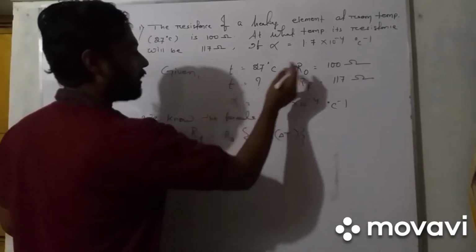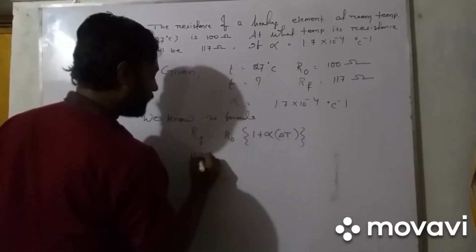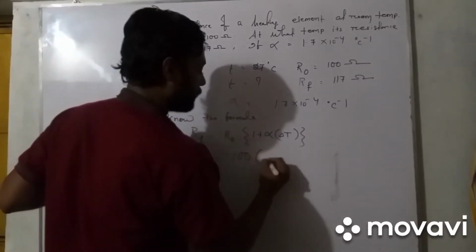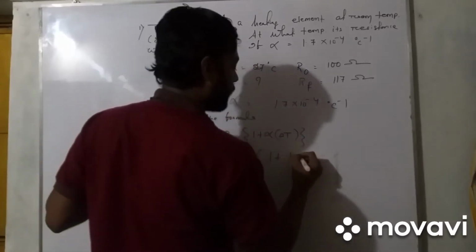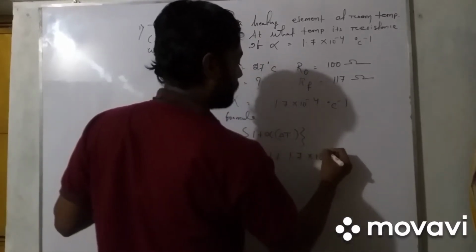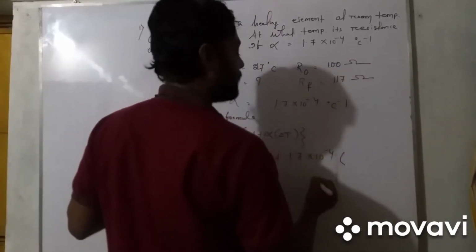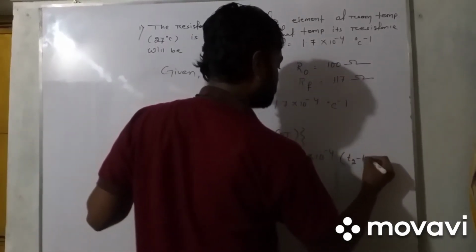Here RF equal to 117, R0 is 100, into 1 plus 1.7 into 10 to the power minus 4 into delta T, that means T2 minus T1.